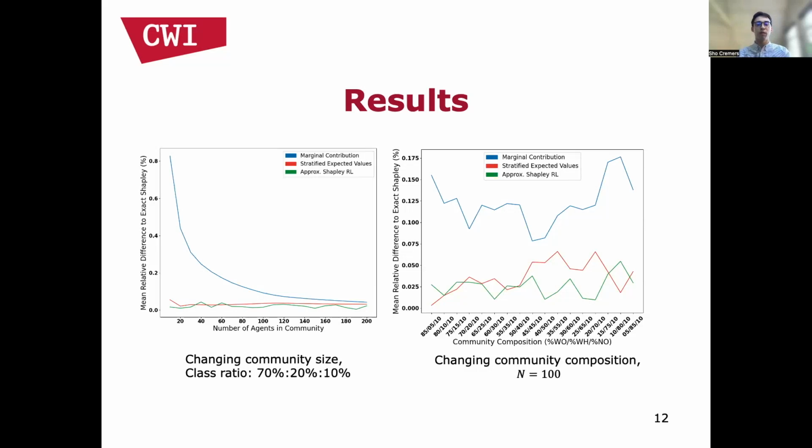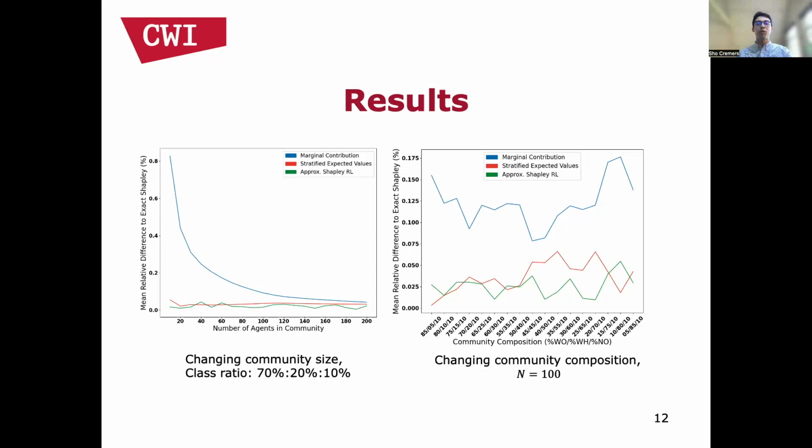The red one is the newly proposed stratified expected values, and the green line is the state-of-the-art adaptive sampling method. You can see that all the methods perform very well for large community sizes, having only 0.1% difference to the true Shapley value. Still, the stratified expected values outperformed the simpler marginal contribution method and have a similar error value to the adaptive sampling method while having a smaller time complexity.